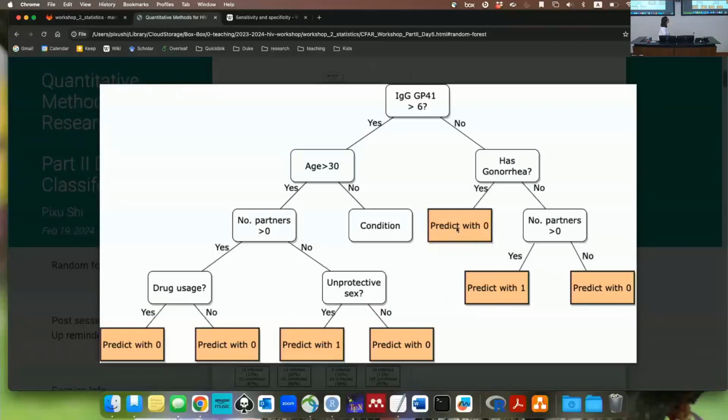And you may stop growing in the middle because you may reach the smallest number of cases. For this example, all of the patients having gonorrhea are positive cases, so you have a perfect predictor there. You don't have to grow the tree here.